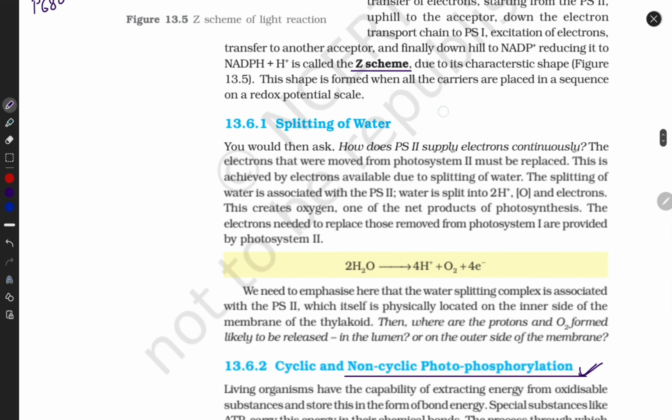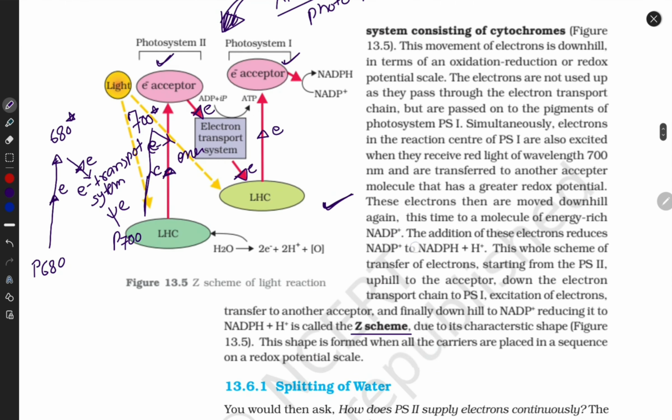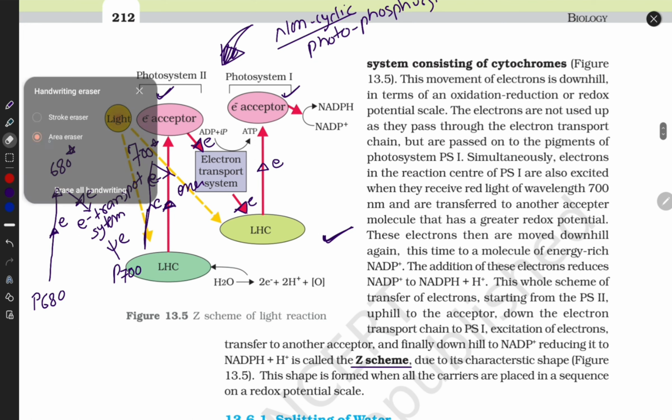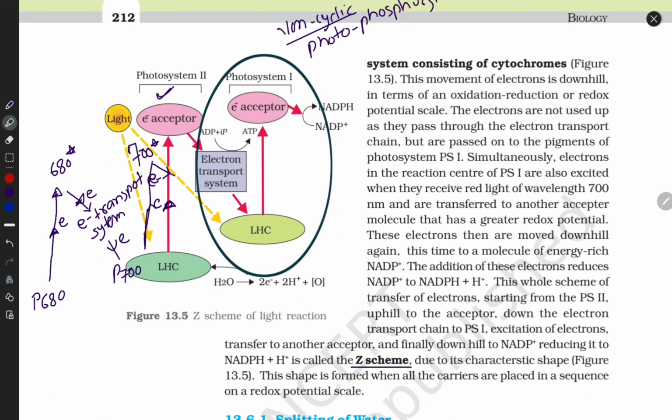But in the case of cyclic photophosphorylation, look at here. Now what kind of phenomenon is this? In cyclic photophosphorylation, only photosystem 1 participates, because in cyclic photophosphorylation we need only ATP.